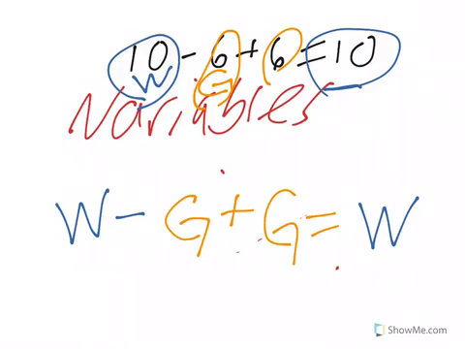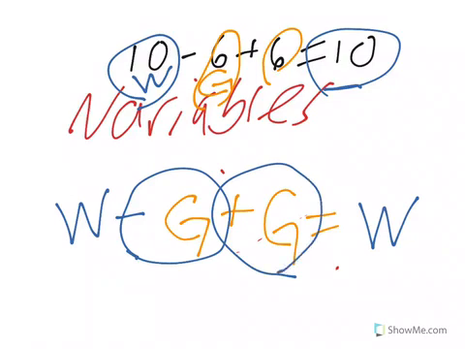And what this equation is actually demonstrating is two things. One, if you have an opposite value, such as negative G or minus G, and its opposite, you have two opposites, they're going to cancel each other out.